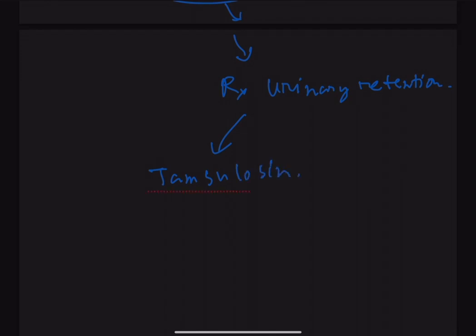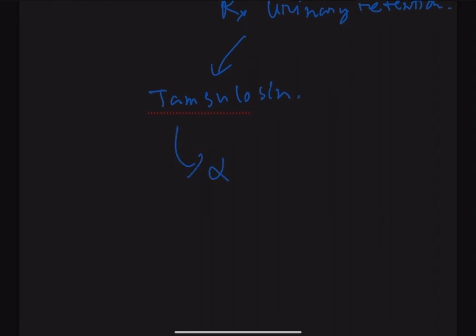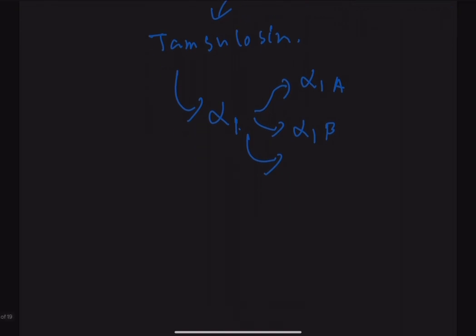Okay, tamsulosin is alpha 1 selective, but why we use specifically tamsulosin? Because there is 3 subtypes of alpha 1 receptor, like alpha 1A, alpha 1B, and alpha 1D subtype.